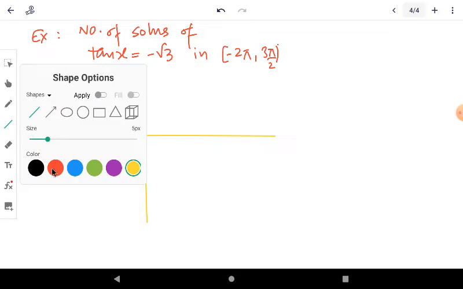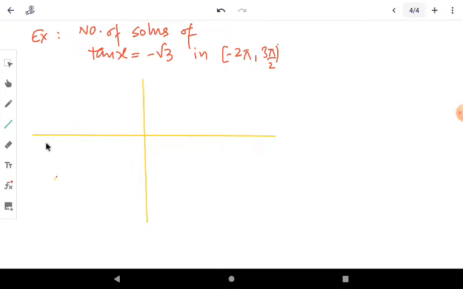Now let's draw the graph of tan x. So minus 2 pi will go like this. This is now the asymptote.